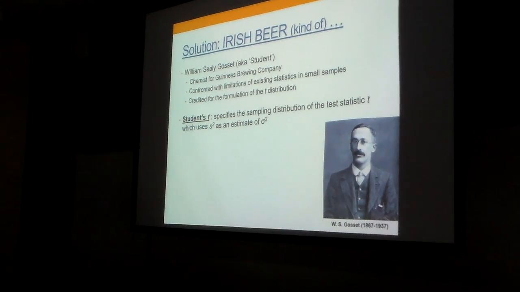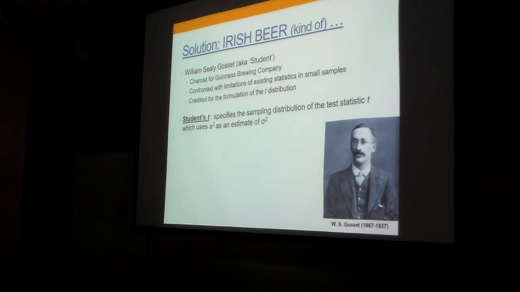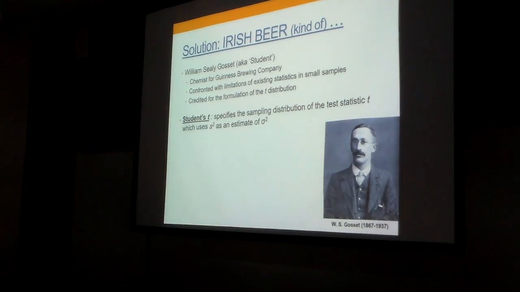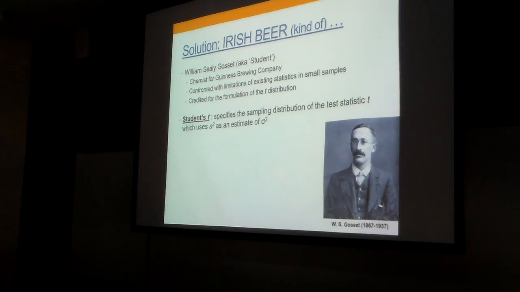And basically we've got a different distribution. If we just use this and then use our z curve and treat this as if it were a z, this is going to be too big, right? And we're going to reject the null hypothesis more than we should, right? So what Student did is he said, well, if we substitute the sample variance for the population variance, we're not working on the z distribution anymore.